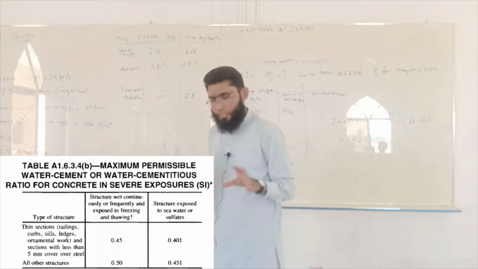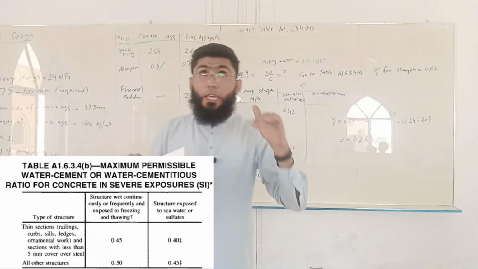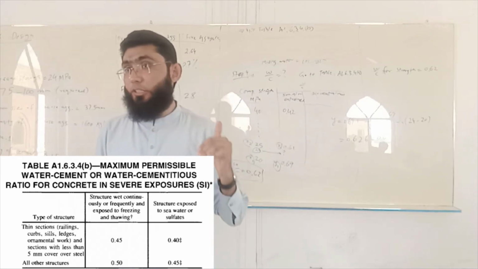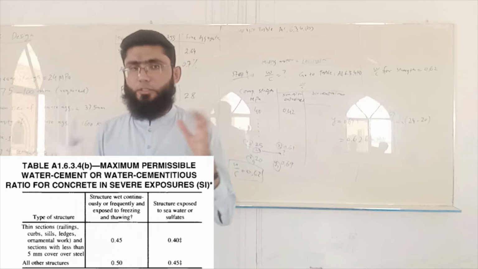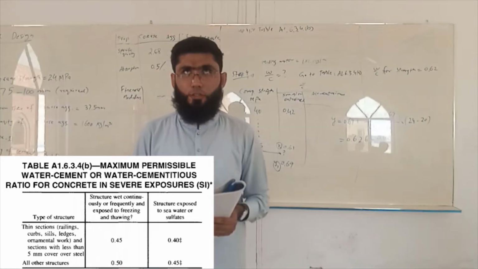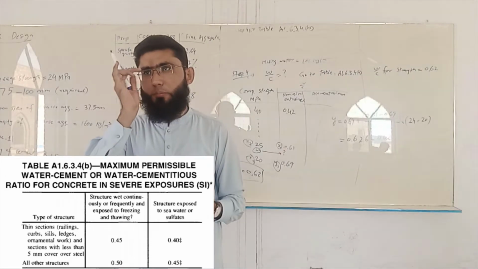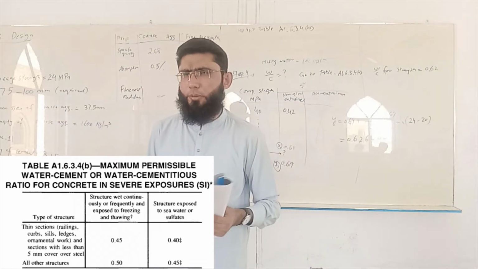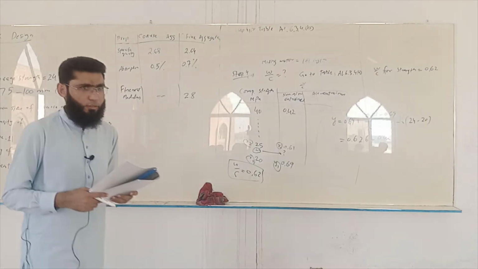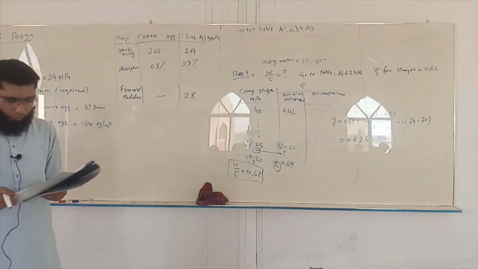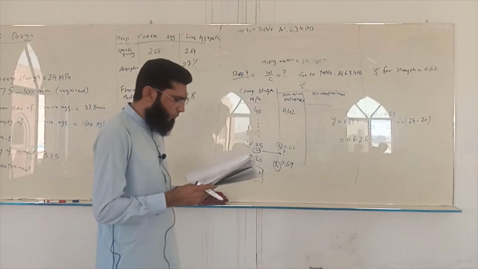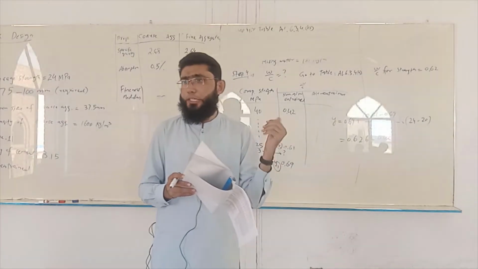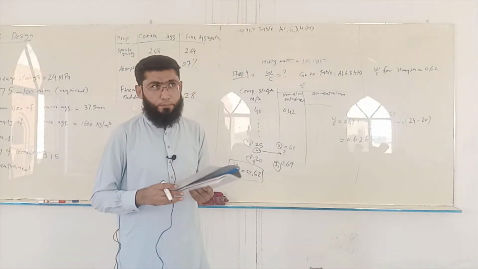it looks like something indoor, at least not a bridge. It's something that is not in a much harsh environment. Maybe just a beam indoor, maybe a slab indoor, not expected to come across these environments. So we're not going to have any special limit based on those conditions.